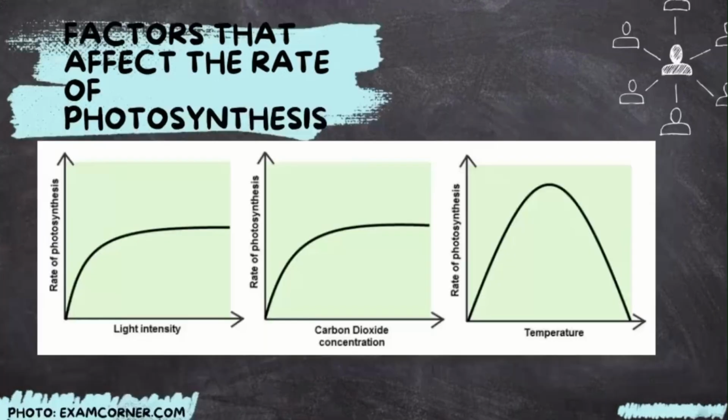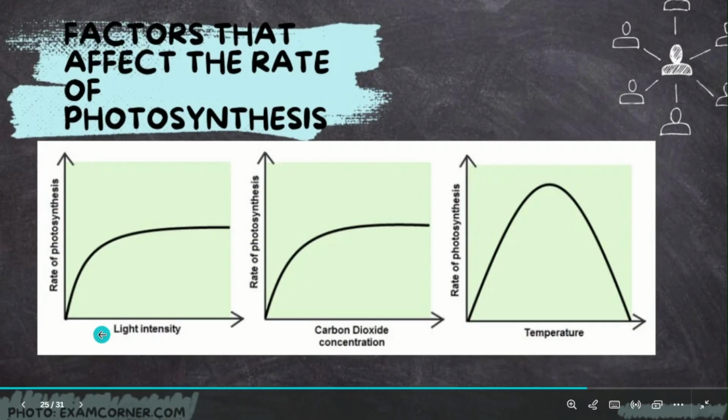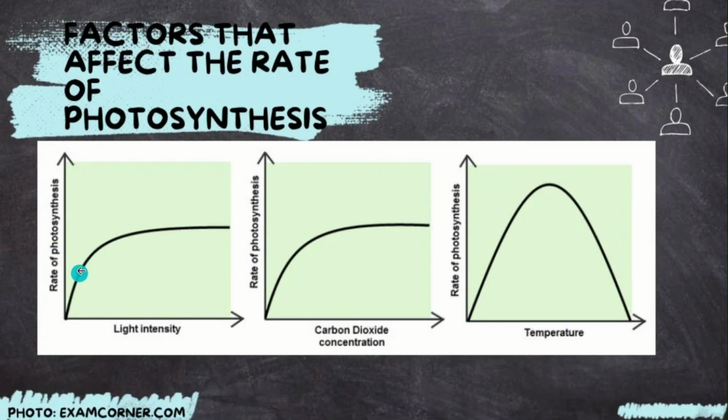So if we take a look at this diagram, we're seeing the rate of photosynthesis and light intensity, right? So here we go. The more light, you visualize, increase the light, it's going to increase the rate of photosynthesis until a certain point where it levels off.